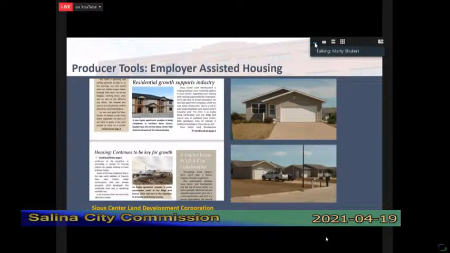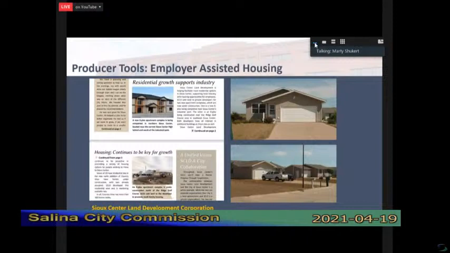So they could build 5 or 10 of these at a shot, not exactly mass development, but achieve economies as a result of that, and then revolve that money as they sold these houses to their workers. So they're relatively modest. They're not fancy, but they're eminently livable, and they've been very successful at it.